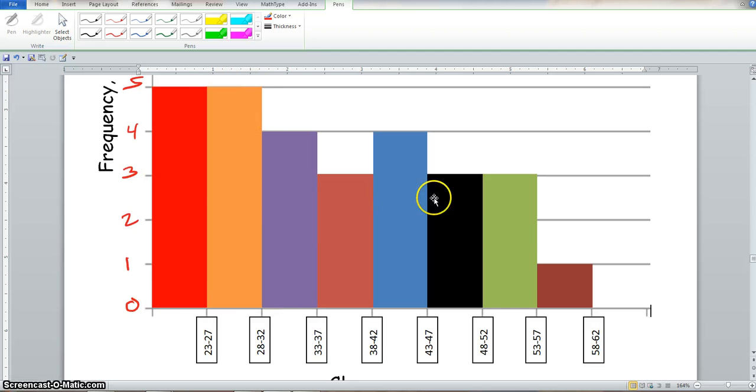I color coded it so you could easily see the different classes. So this is how you construct a histogram. 23 to 27 we know is 5, so we put this block here. 28 to 32 we will have this block here, and so on. This is how you construct a histogram using that same class data.